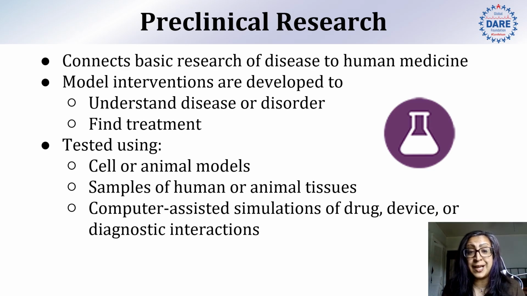Researchers develop and test potential interventions to better understand a disease and explore possible treatments. This work may involve cell studies, animal models, tissue samples, or even computer simulations to evaluate how well a drug, device, or diagnostic tool might perform before moving into human clinical trials.